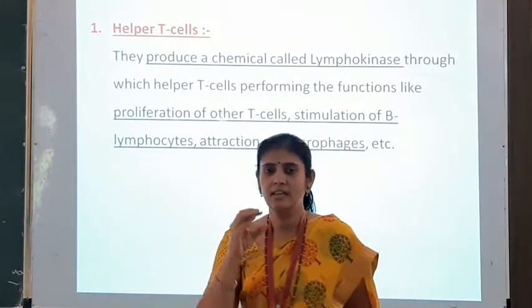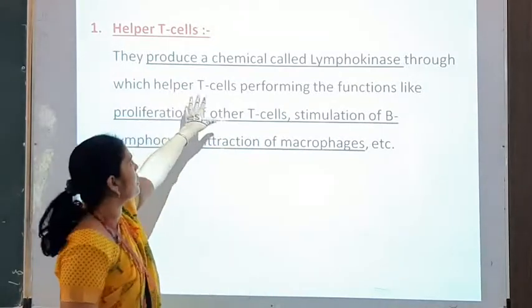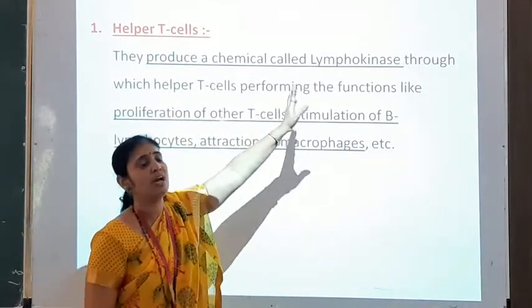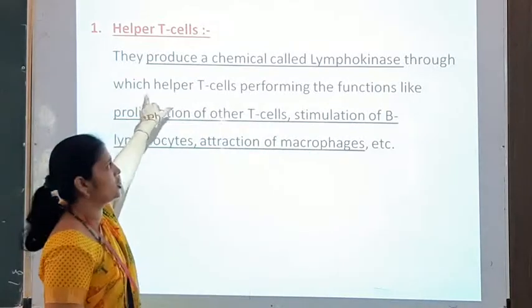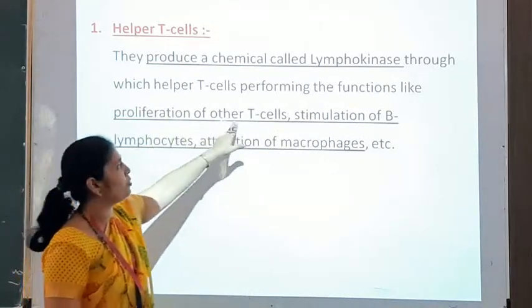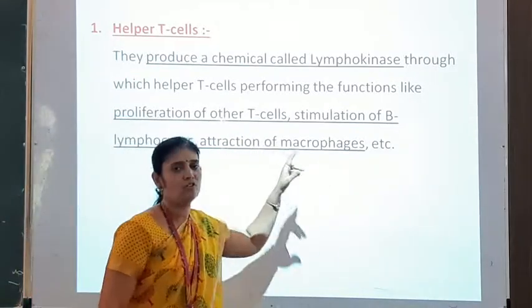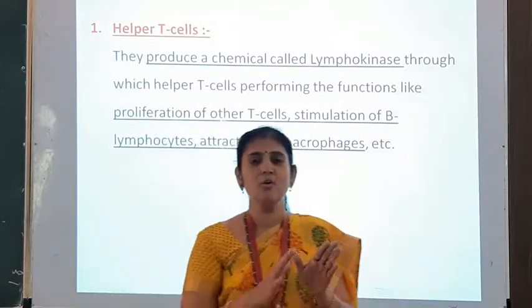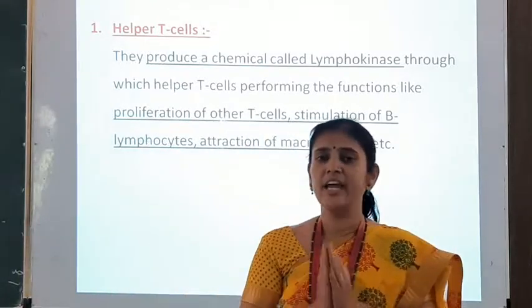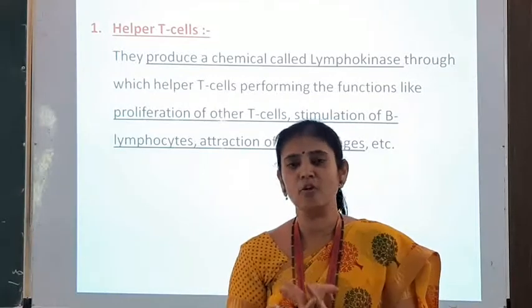What do they do? Here we have to see they produce a chemical called lymphokinase, through which helper T cells perform functions like proliferation of other T cells, stimulation of B lymphocytes, attraction of macrophages, etc. What happens is, when antigen comes inside our body, the T lymphocytes form a clone.